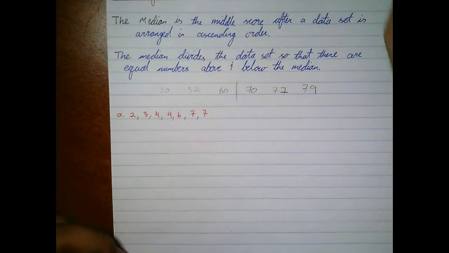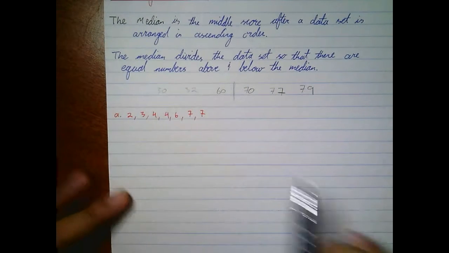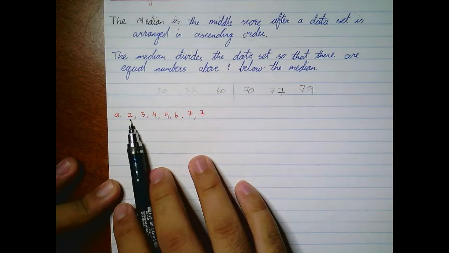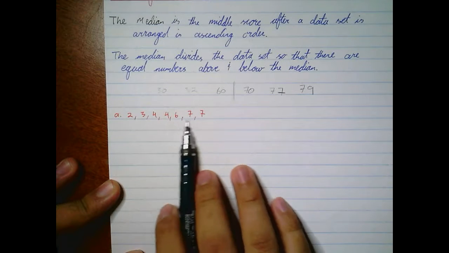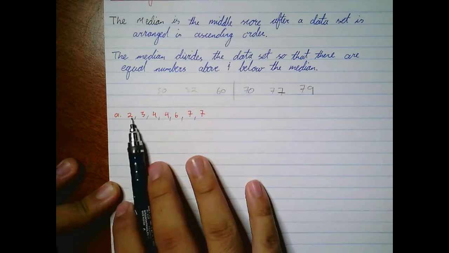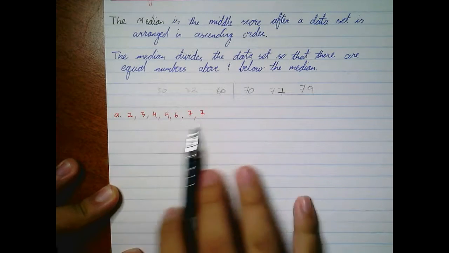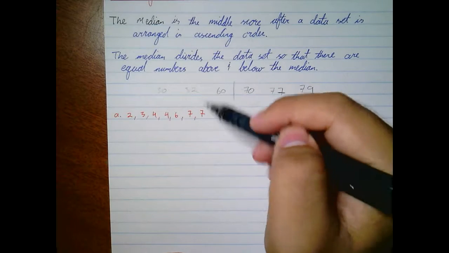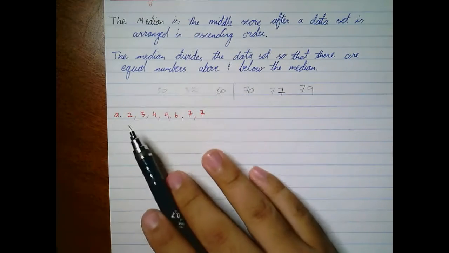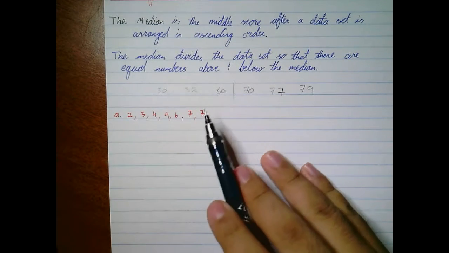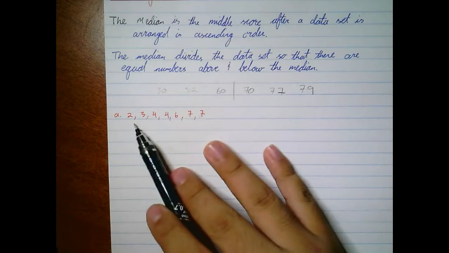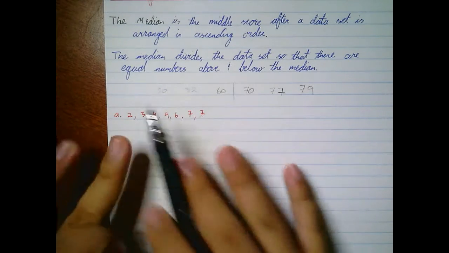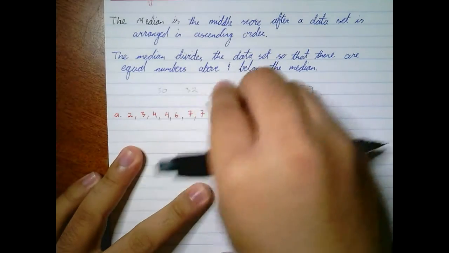To calculate the median, first we have to check if this is in ascending order. Well, it's been given to us in ascending order. So all we do now is start crossing off numbers from the left and from the right, one at a time, until we close in to a point in the middle. So let's do that right now.